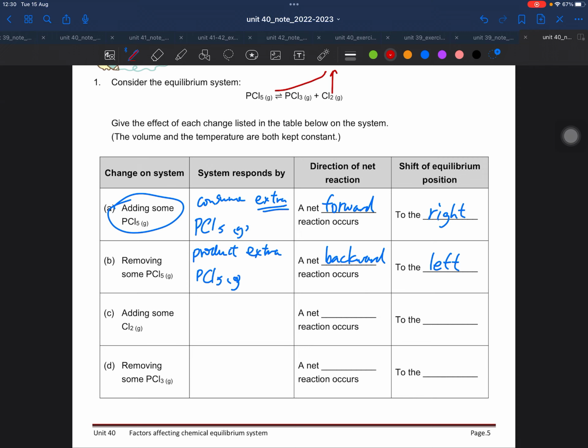Okay, add some chlorine. And remove PCl3. So, right?